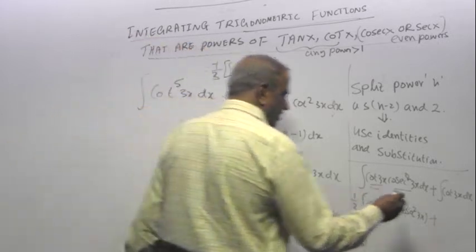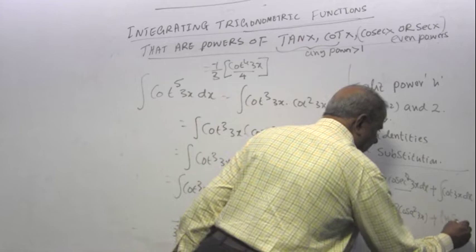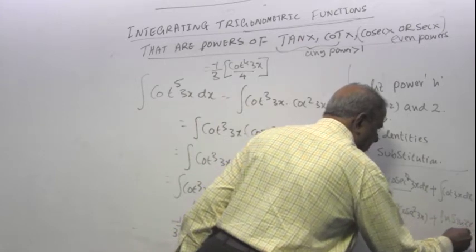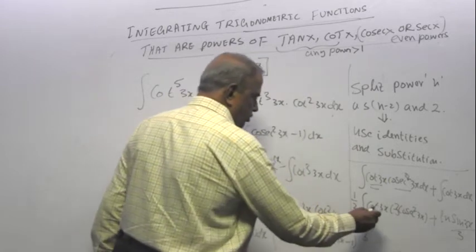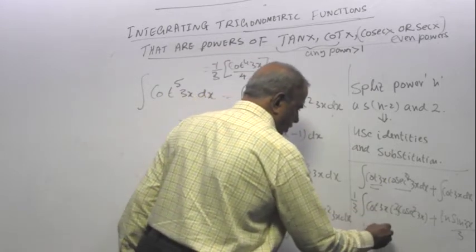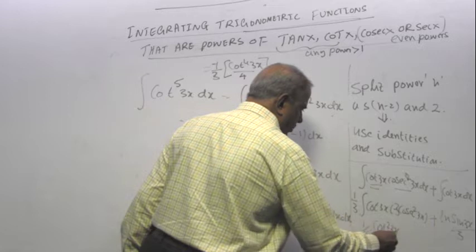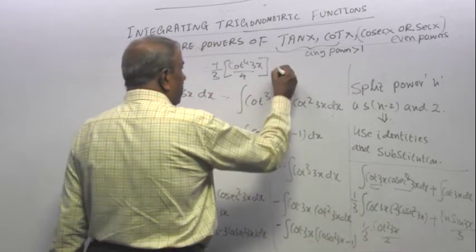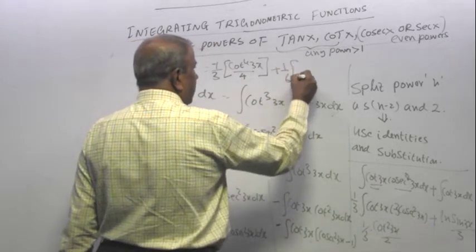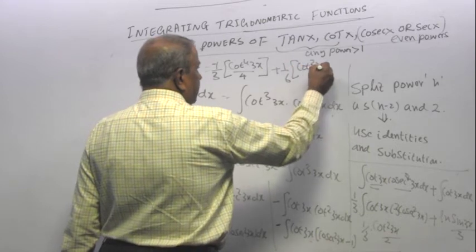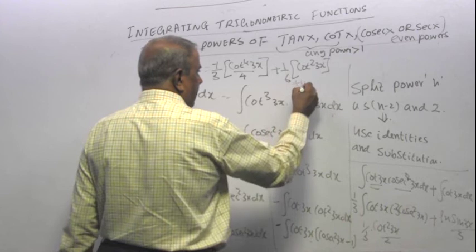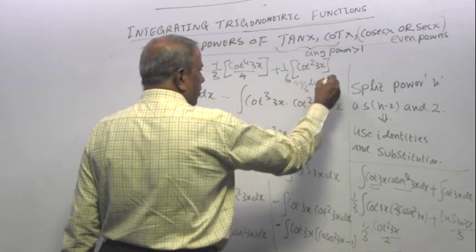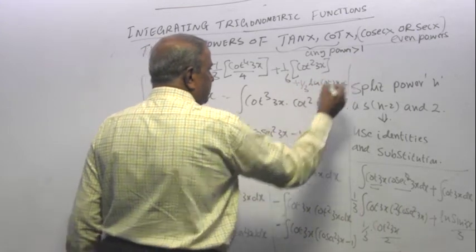So cot 3x gives you ln sine 3x over 3. This will be 1/3 u du. So u squared over 2. So it will be plus 1/6 cot squared 3x plus 1/3 ln sine 3x plus c.